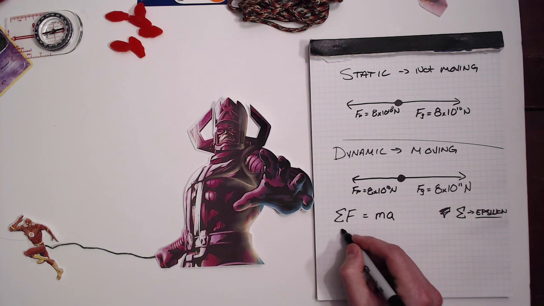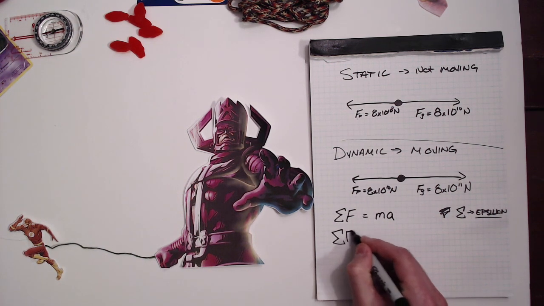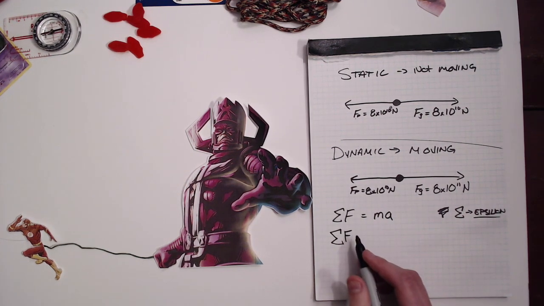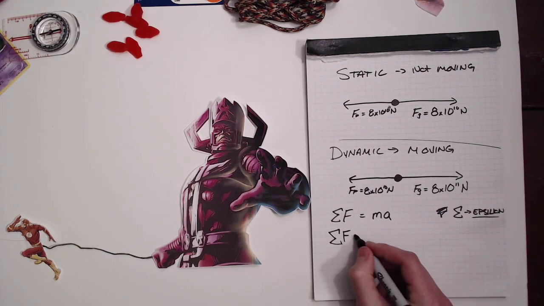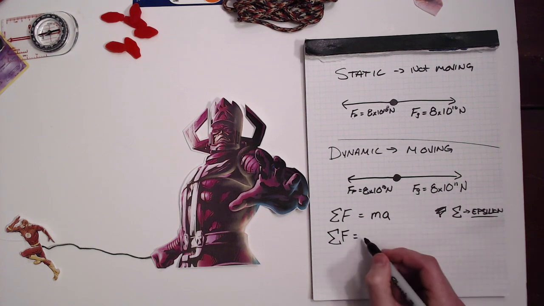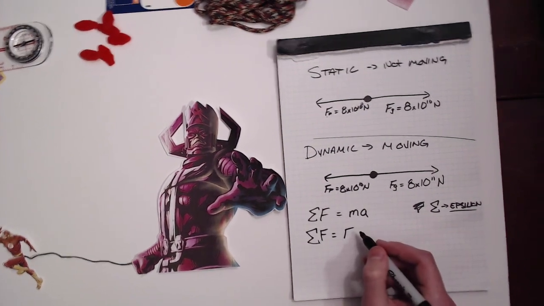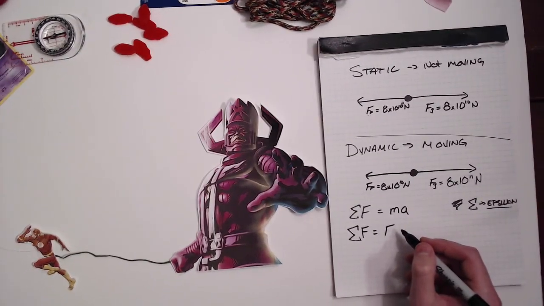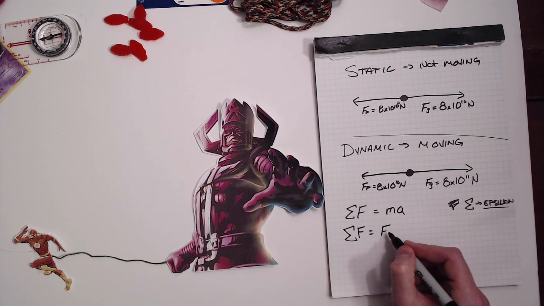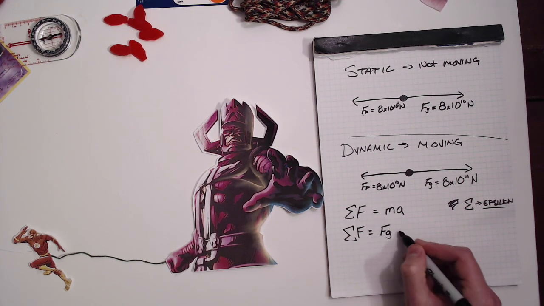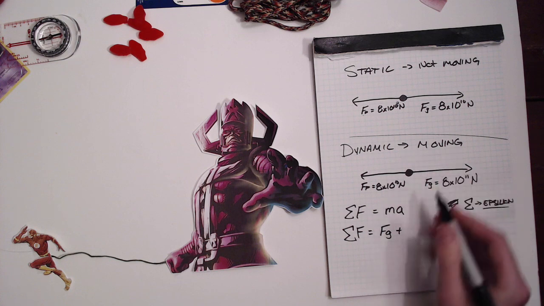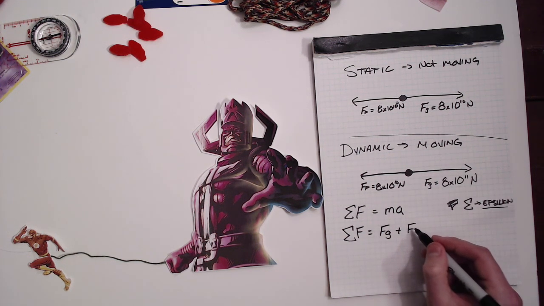So we're going to say that the summation of all of the forces, also called the net force, is going to equal, okay, well we have the force of Galactus, and we're going to add the force of the flash.